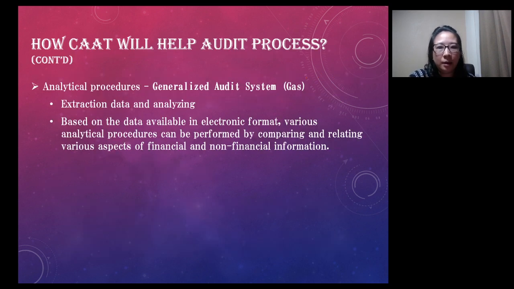Okay, and then the CAAT tool also can help us to do the analytical procedure, and usually it's called GAS, Generalized Audit System.